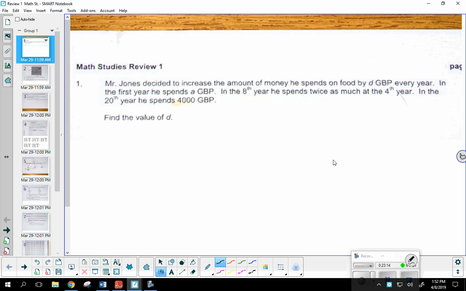So we had several formulas that went along with this. If we want to figure out the nth term of an arithmetic sequence, we have u sub n. Does anybody remember the formula I'm referring to?